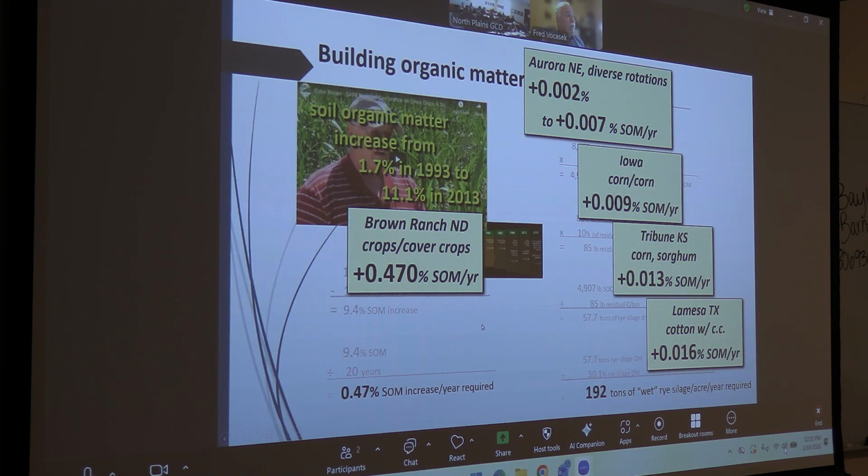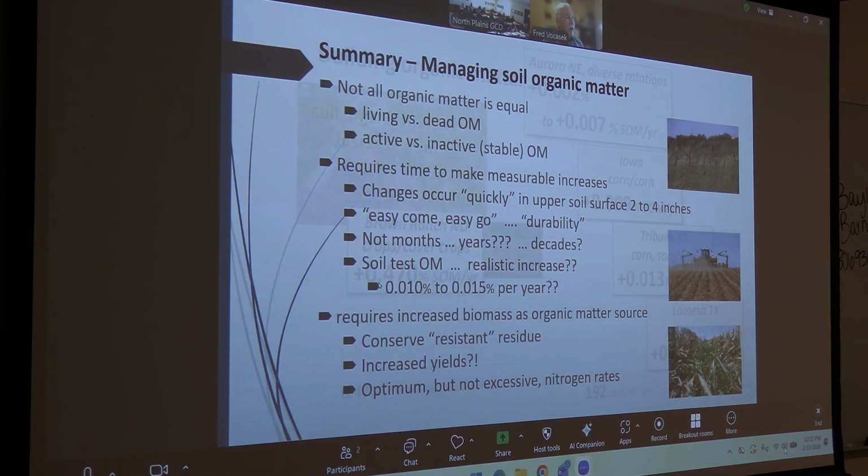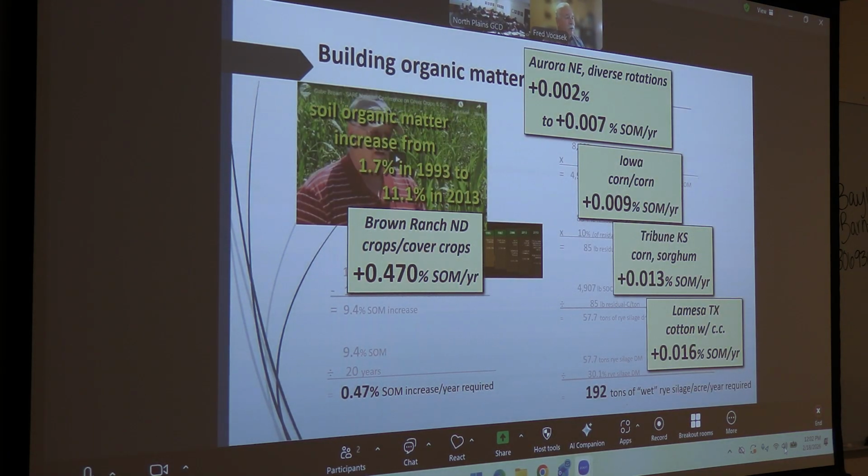Now when I look at what Gabe Brown, going from 1.7 to, produced, that's almost a 0.5% change in soil organic matter each year. And if I was using rye to increase that organic matter, run through the math, I'd have to have close to 200 tons of rye silage per acre per year to meet that.